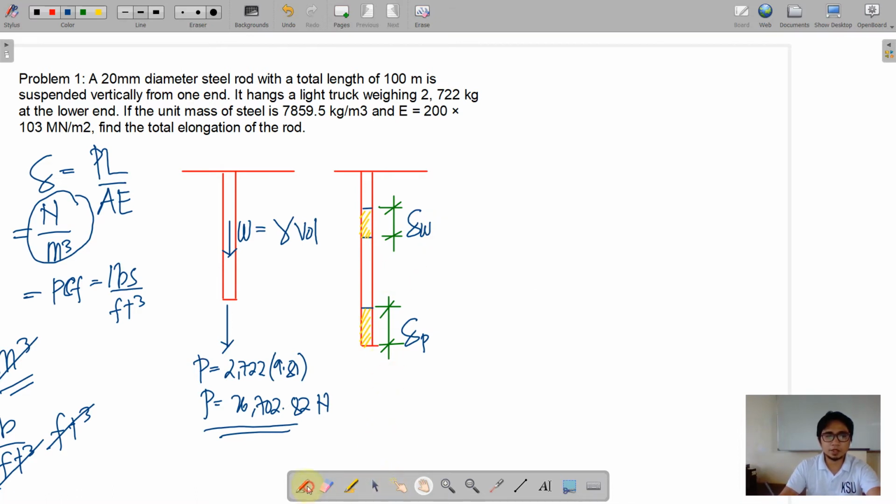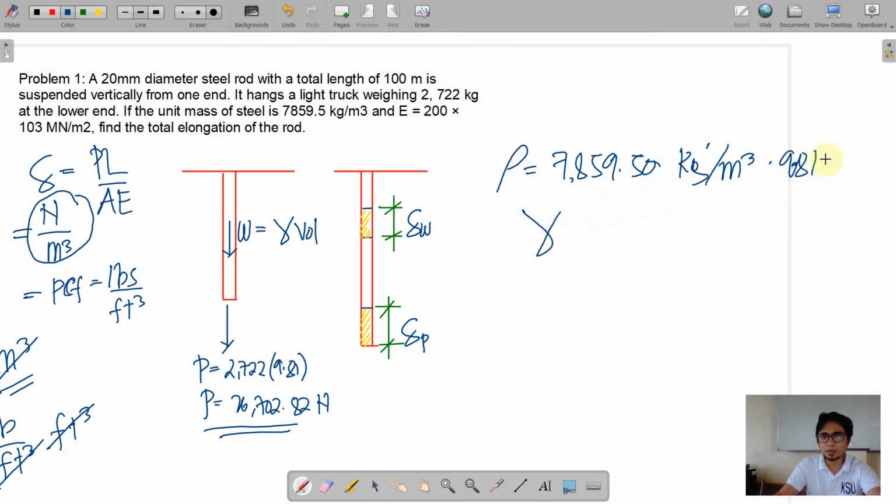In this case, we have here the given density equal to 7,859.5 kilogram per cubic meter. So this is density, in kilogram per cubic meter. Of course, if we multiply this by 9.81, the acceleration due to gravity, it becomes gamma. Why? This is mass, right? Multiplying it by acceleration due to gravity becomes a unit for force.